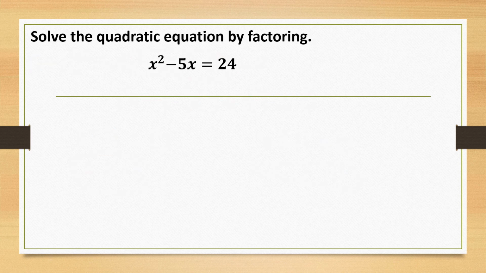Let's have another one. Next, we have x squared minus 5x is equal to 24. First, let us express the quadratic equation in standard form. So we have x squared minus 5x minus 24 is equal to 0. And then factor x squared minus 5x minus 24.